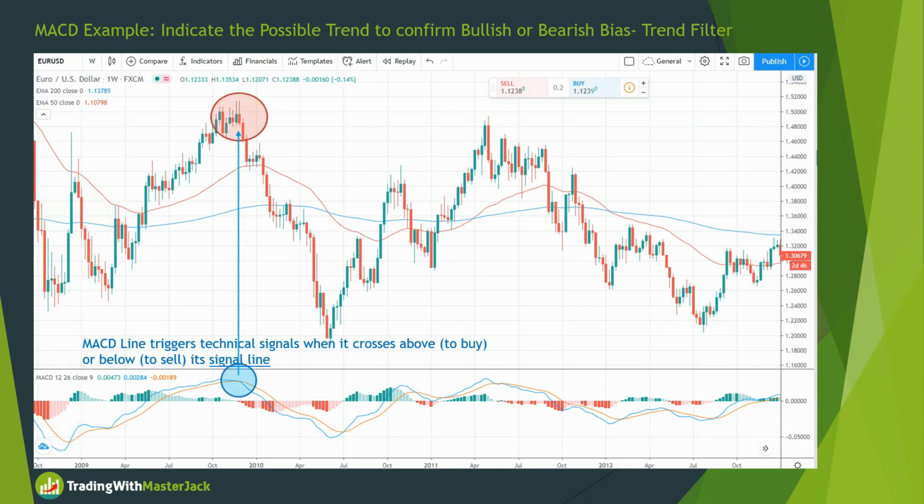Over here though, we've got the crossover of the MACD line where it goes below the signal line, which technically indicates a sell position, but in my case I use it as a trend filter, so we'll be looking for short positions, looking for opportunities to sell. In this particular case you can see that these 2 weeks here formed two shooting stars, which I believe is actually called tweezer tops, which indicates a bearish direction.